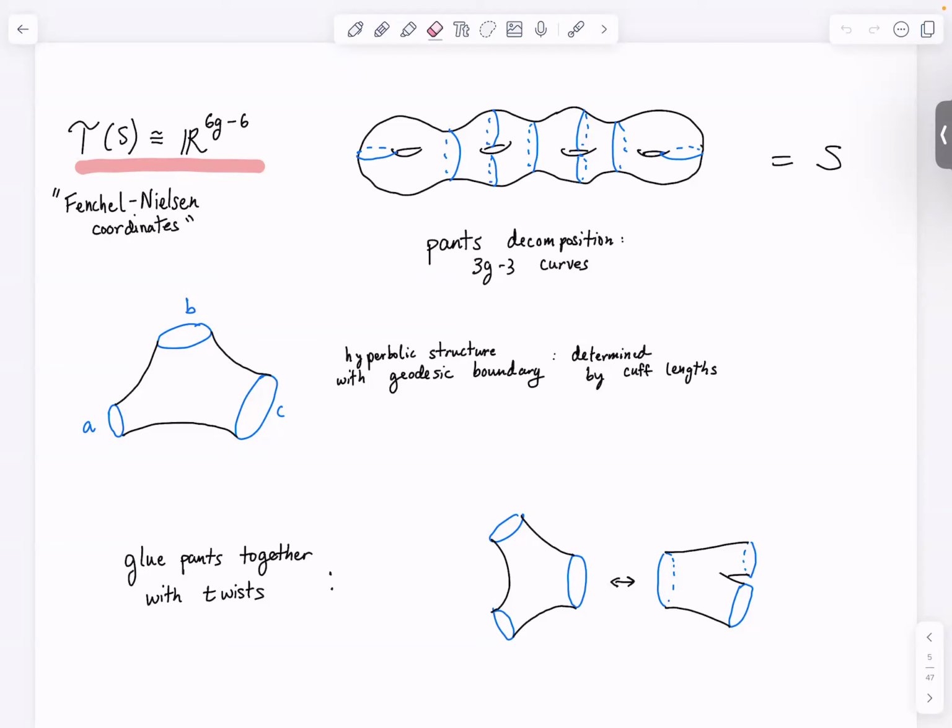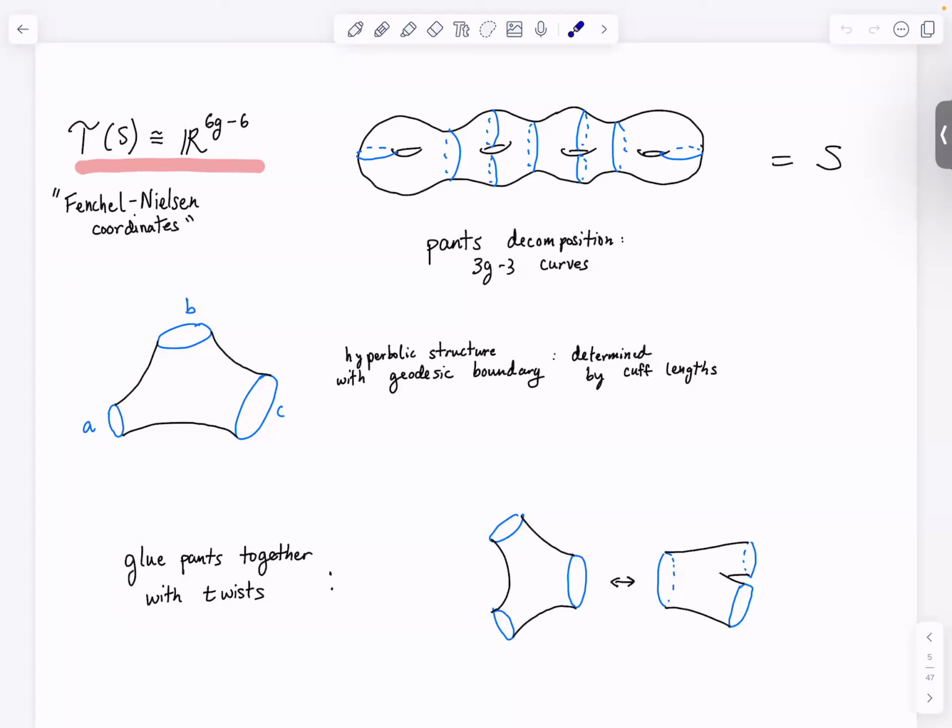So what you do is you choose a maximal collection of pairwise disjoint, non-isotopic closed curves on S. It turns out there will be 3g minus 3 of those. And those closed curves decompose the surface into pairs of pants.